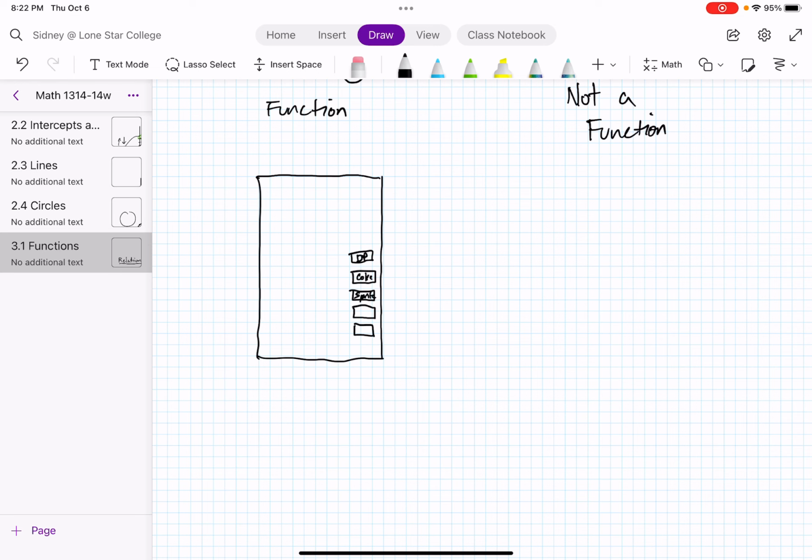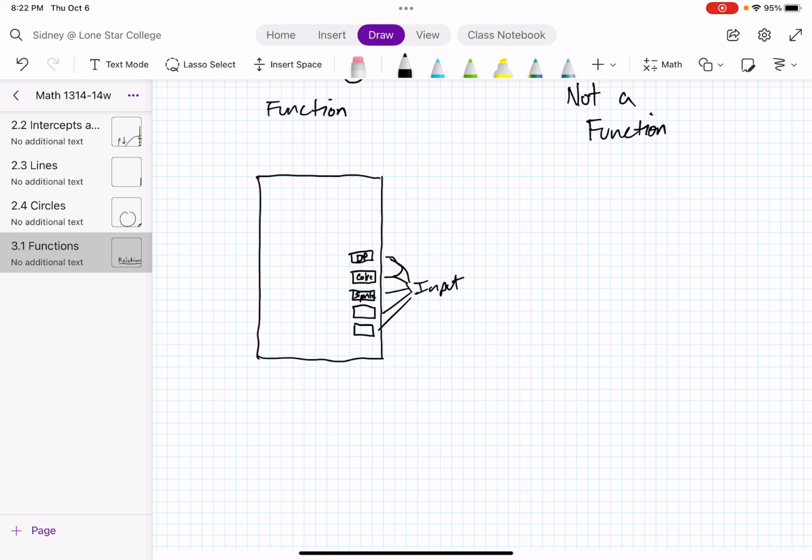You put your money in and you press a button. The buttons you press, so there, and there, and there, and there, these are the inputs. You are inputting the choice you want.